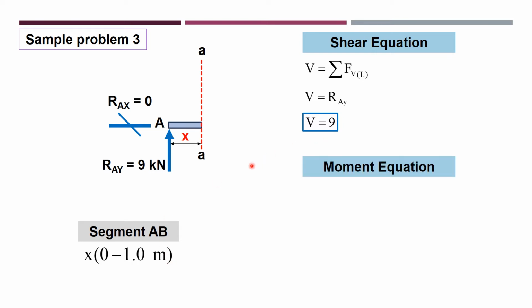Then for the moment equation, we only have 9 kilonewtons, which will rotate in clockwise direction dito sa point na dinaanan ng imaginary cutting plane with distance x as its moment arm. So for the moment equation, we have RAY multiplied by x, or 9x.